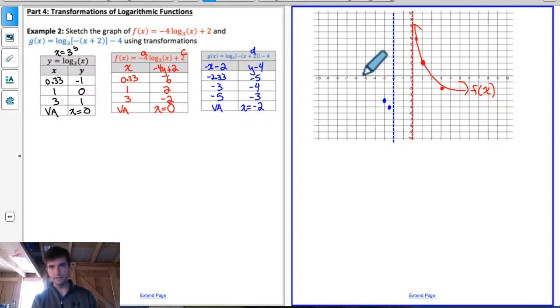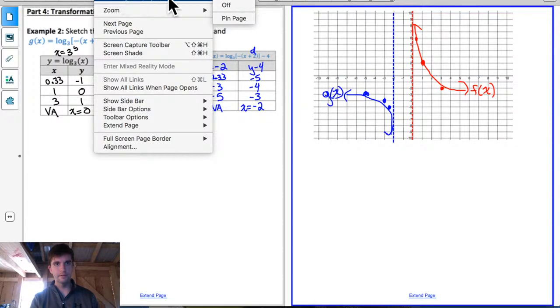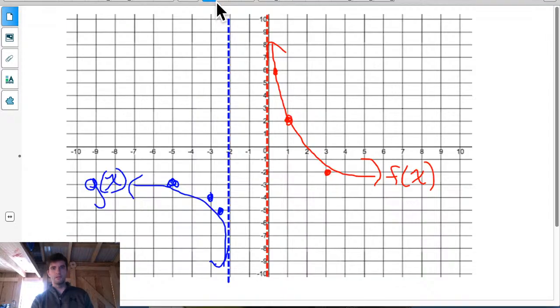And (-5, -3). So the function would look something like this. Arrows on both sides. Label it with its function name. And there we go. Let me zoom in on this so you can see it. There are 2 transformed logarithmic functions.